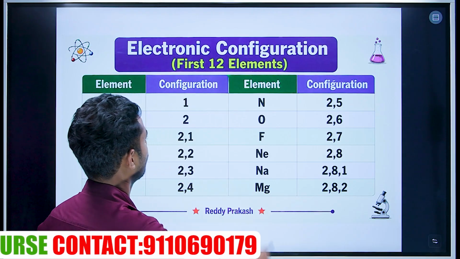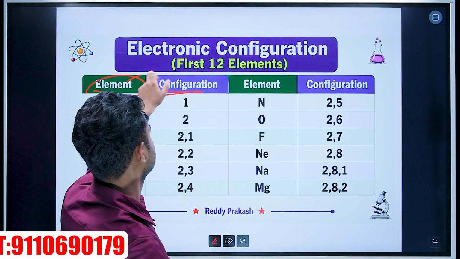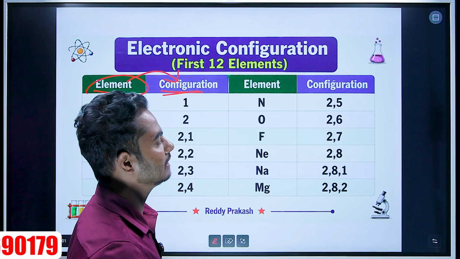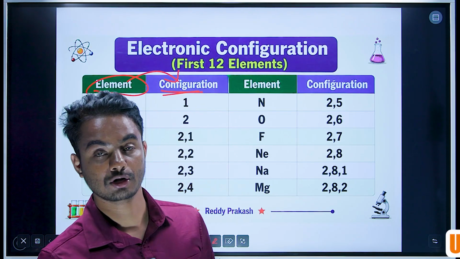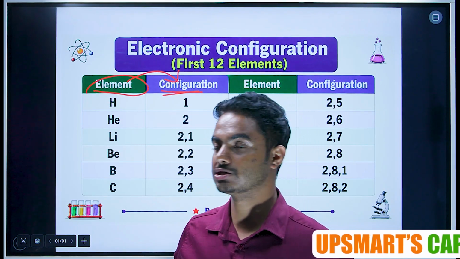Next is the element and its electronic configuration. Electronic configuration means how the shells are filled.